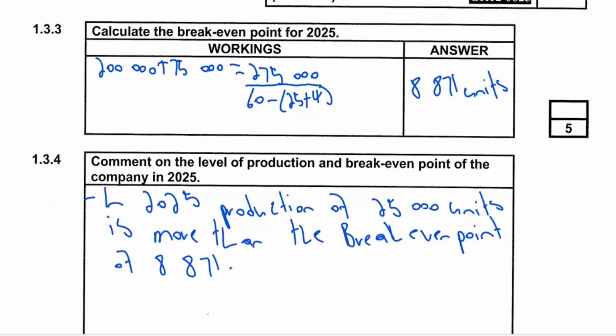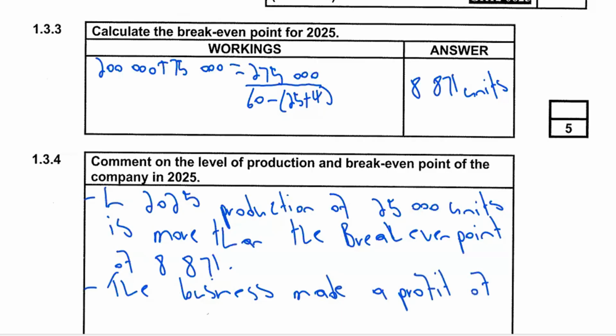So now we can say the business made a profit. The business made a profit of, then we say 25,000 minus 8,871 units.